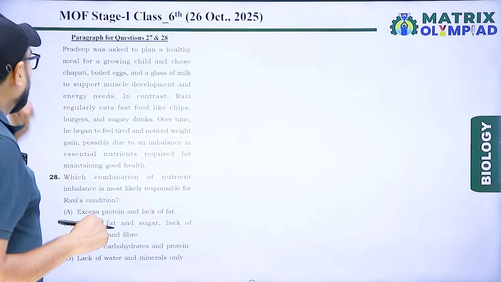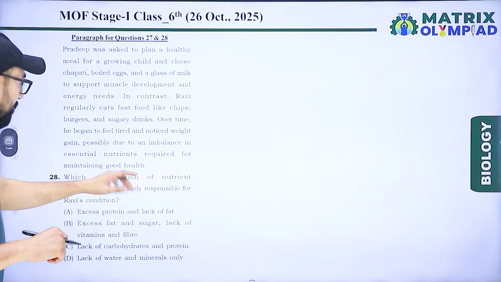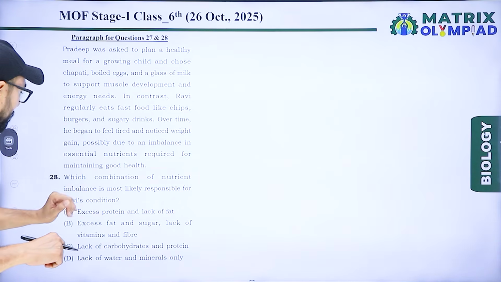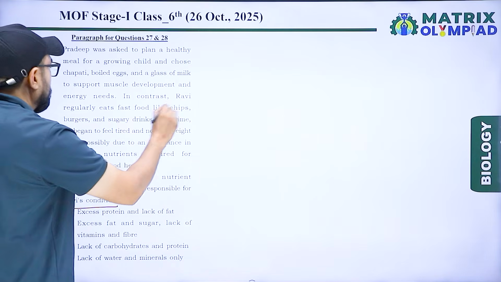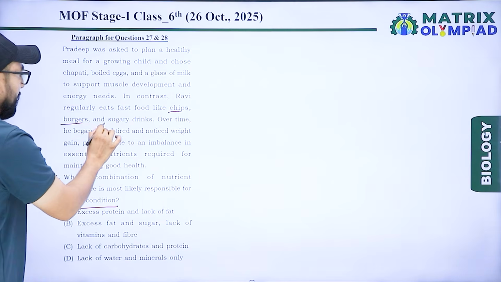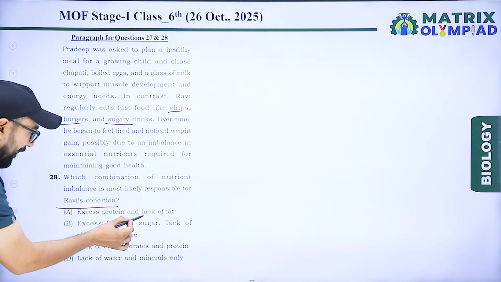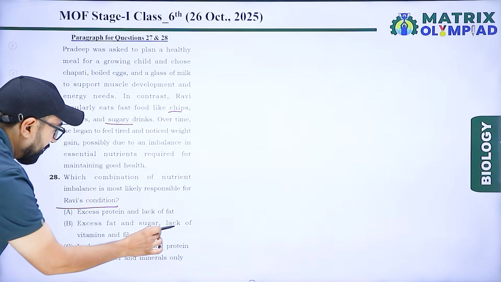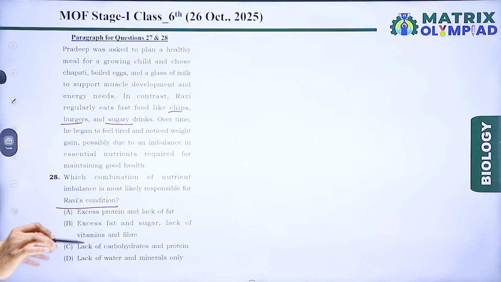Next question is: according to the paragraph, which combination of nutrient imbalance is most likely responsible for Ravi's condition? Because Ravi eats chips, burger, sugary drinks. Option A, excess protein and lack of fat. Excess fat and sugar, lack of vitamin and fiber.